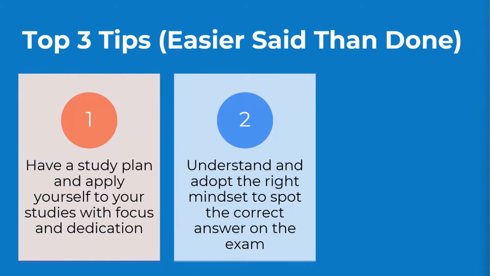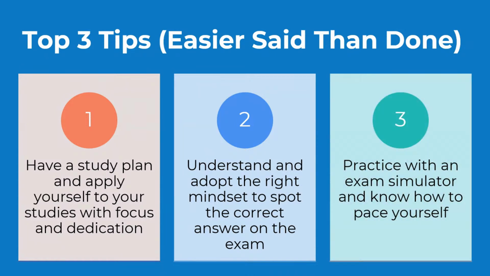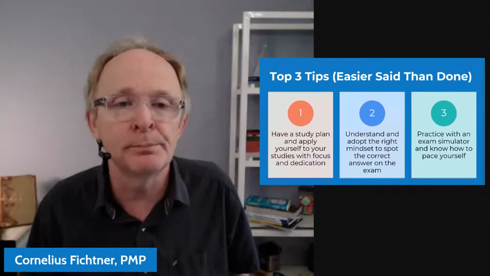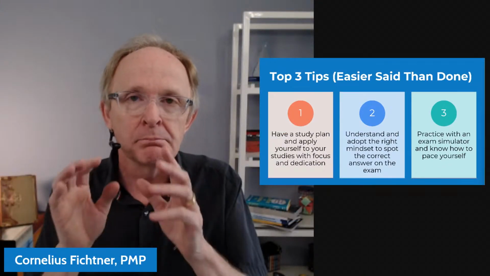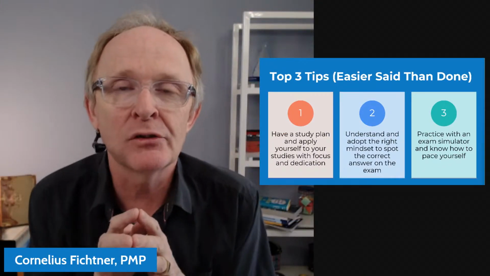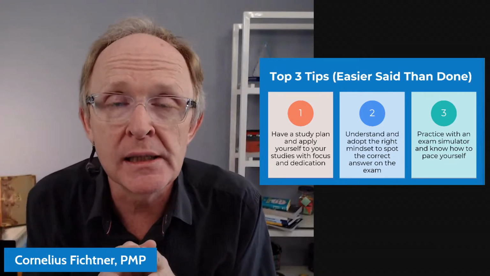And moving on to the next, here we go. The third one, practice with an exam simulator and know how to pace yourself. A colleague of mine, Sarah Gallagher from the Persimmon Group, said people often forget the 11th knowledge area, which is fatigue management.